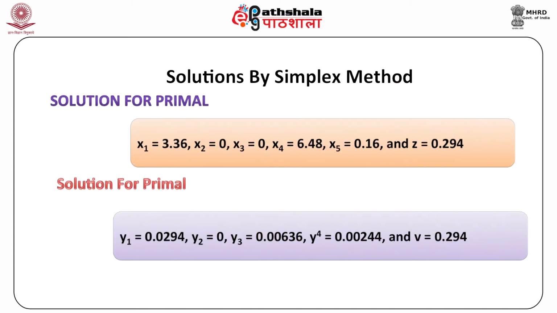By applying the simplex method, the optimal solution to both primal and dual problems can be found. Primal: x1 = 3.36, x2 = 0, x3 = 0, x4 = 6.48, x5 = 0.16 and z = 0.294. The dual gives the solution y1 = 0.0294, y2 = 0, y3 = 0.00636, y4 = 0.00244 and v = 0.294.